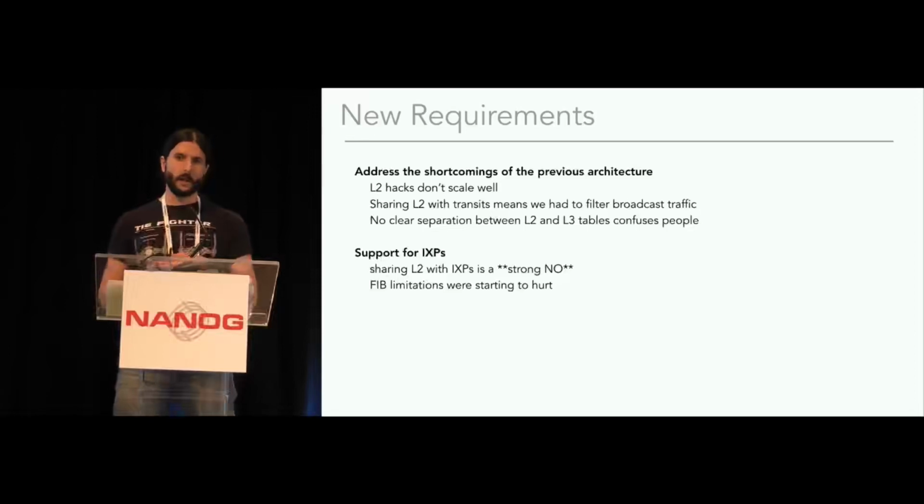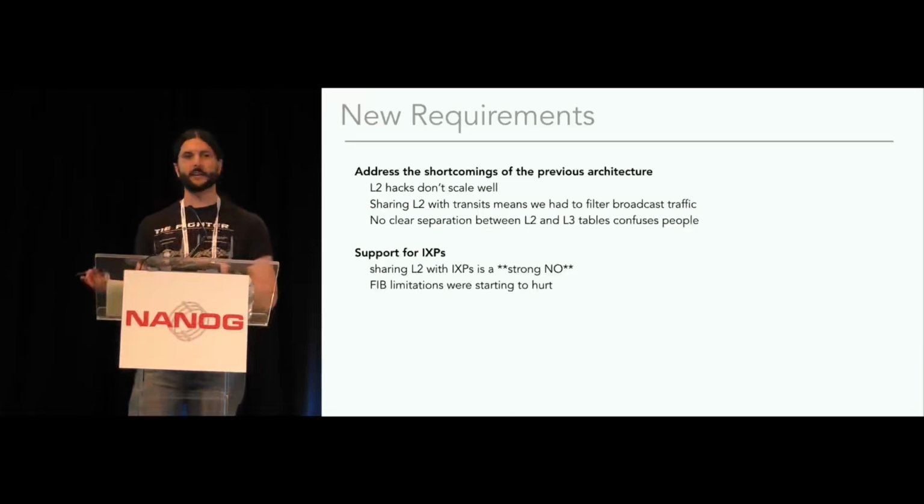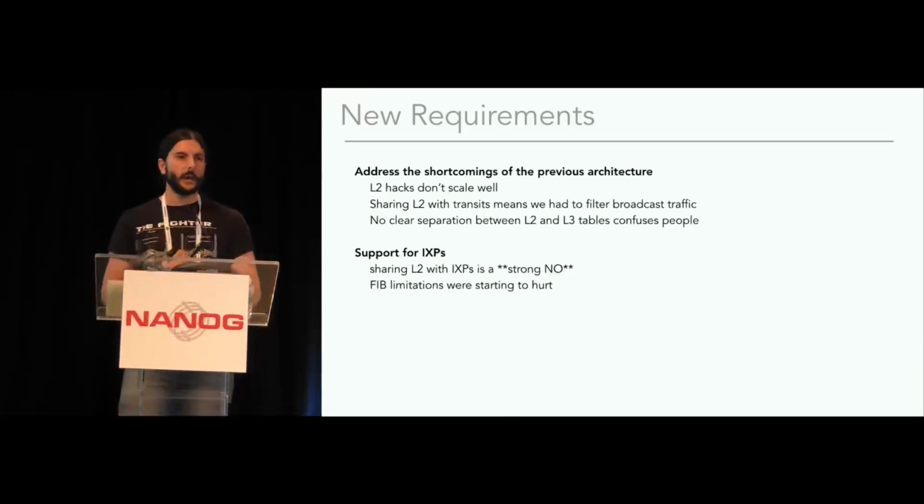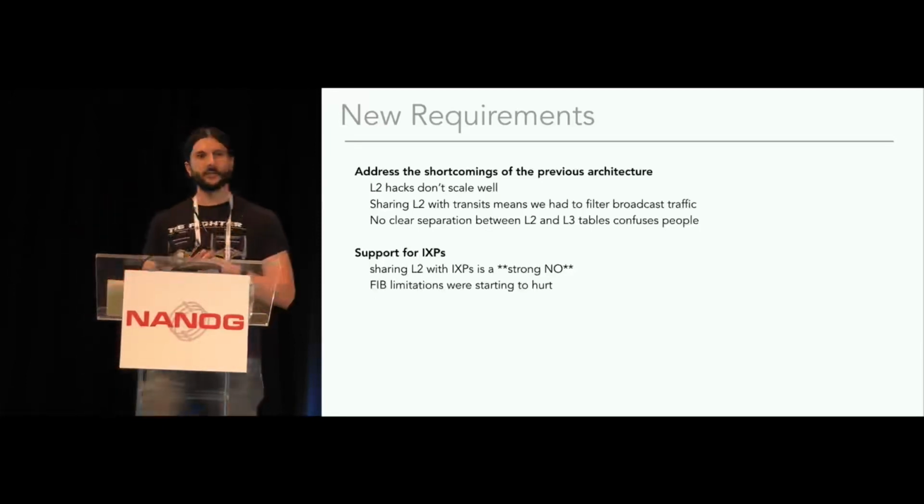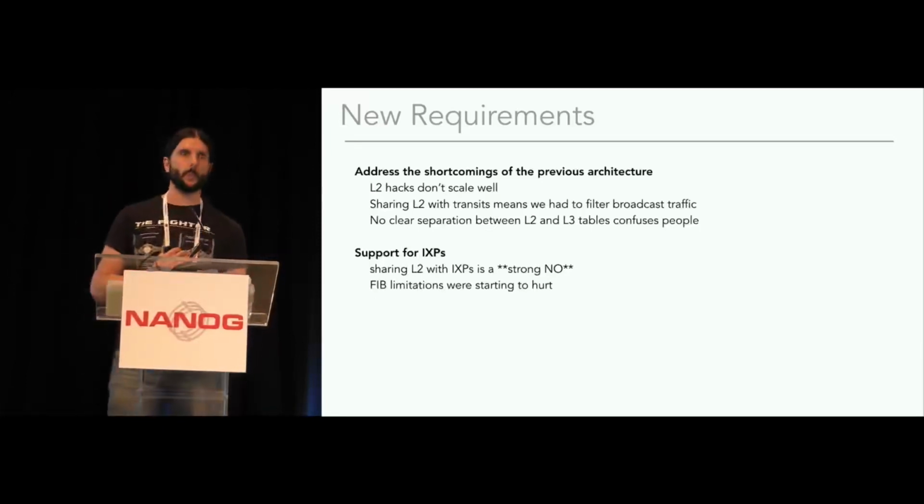So time passes and things are working fine, but it turns out that the old control plane had a few architectural shortcomings. Unsurprisingly, layer 2 hacks don't scale well. And sharing layer 2 with transits has some minor issues.